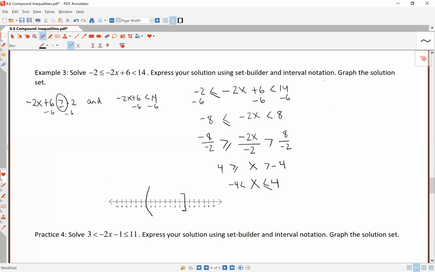In set builder notation, we have the set of x such that x is greater than -4 and less than or equal to 4.